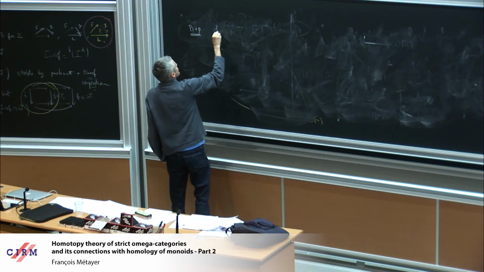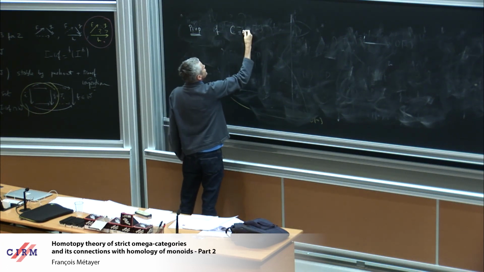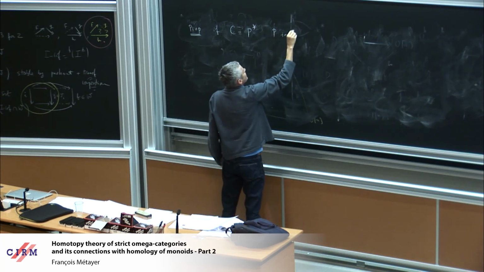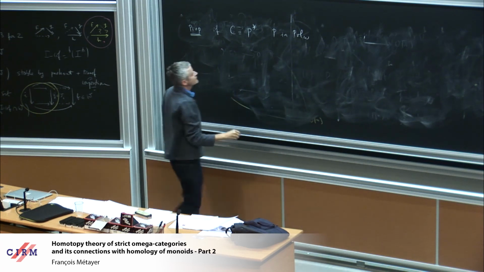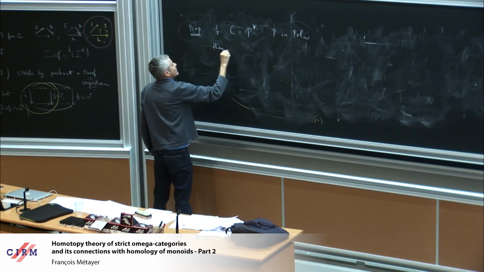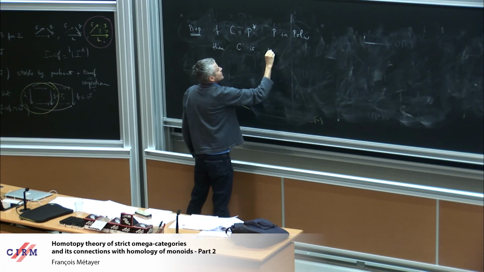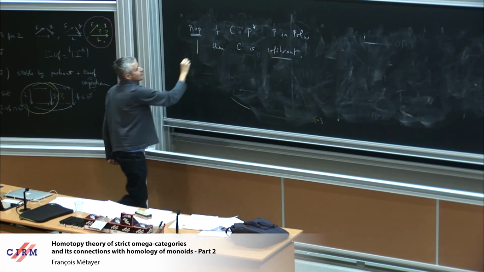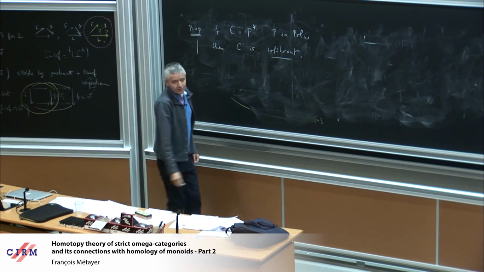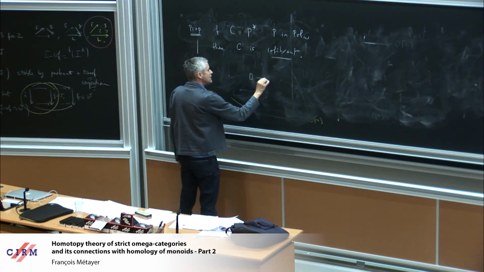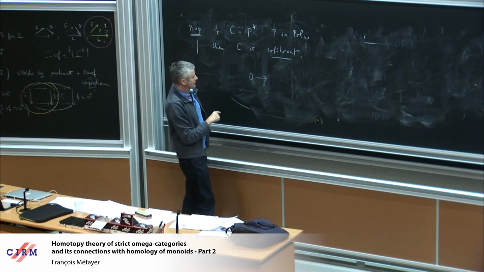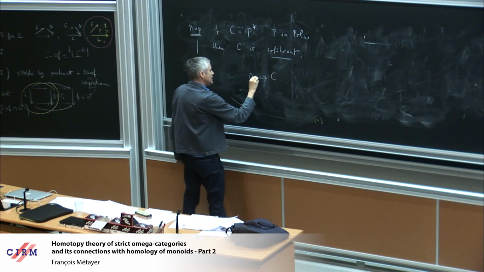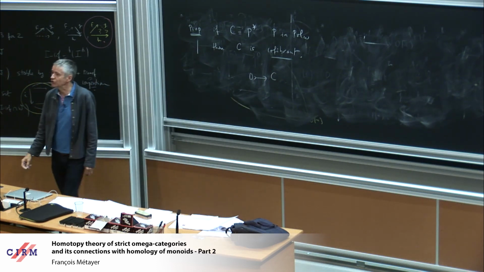So if C is of the form P star, P in polygraphs, then C is cofibrant, meaning that the unique map from the initial category empty to C is a cofibration.